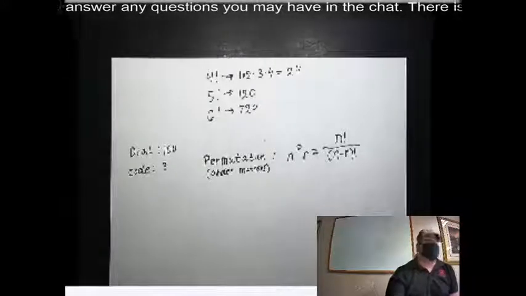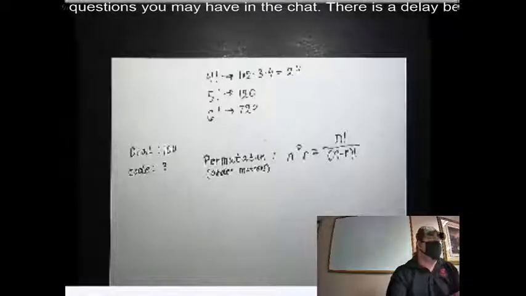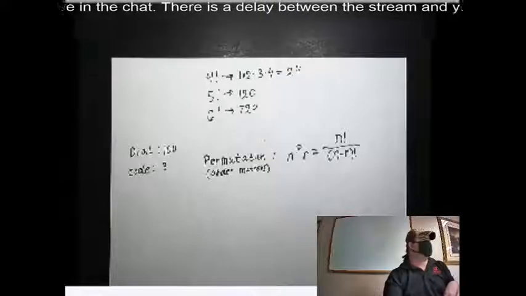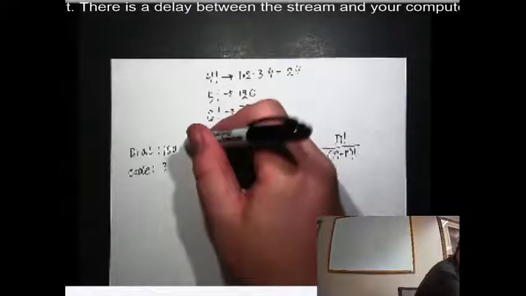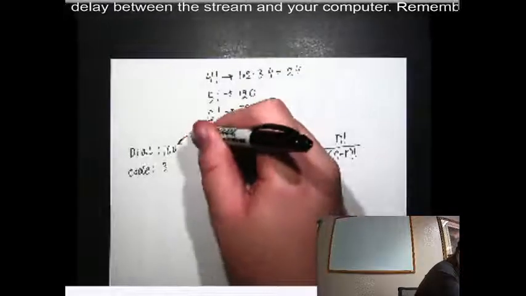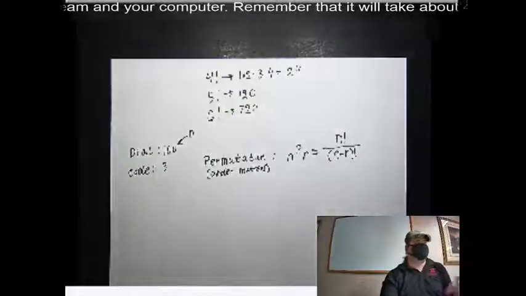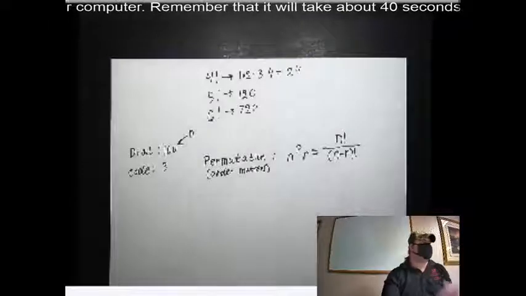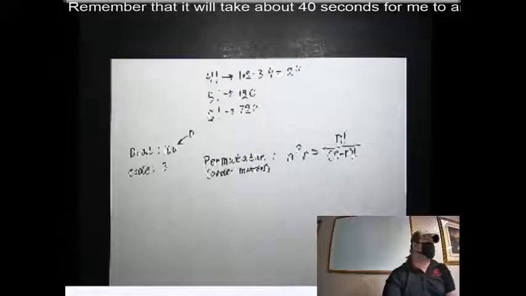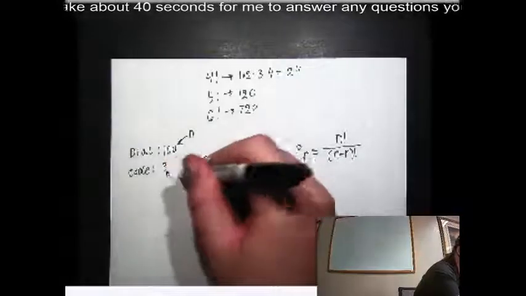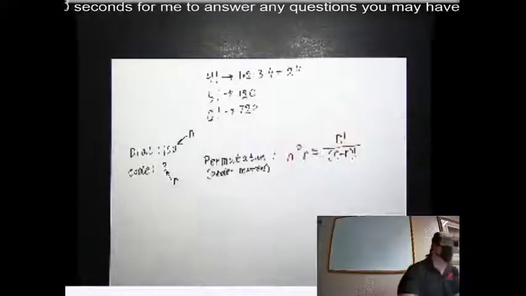So n and r are the things that we're trying to organize and the slots we're organizing them into. n is the number of possible events, or the number of things that could happen. And r is the slots we're organizing those into.